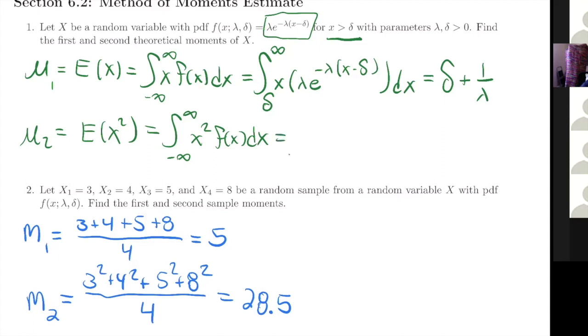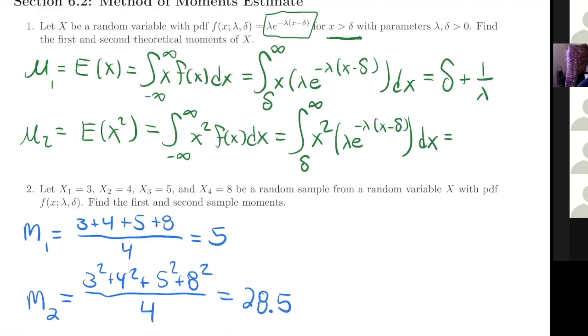And for the second moment, same idea. We're going to integrate over the domain, which is from delta up to infinity. But now we have an x squared here. And so that is a little bit more difficult to integrate, but not too bad.